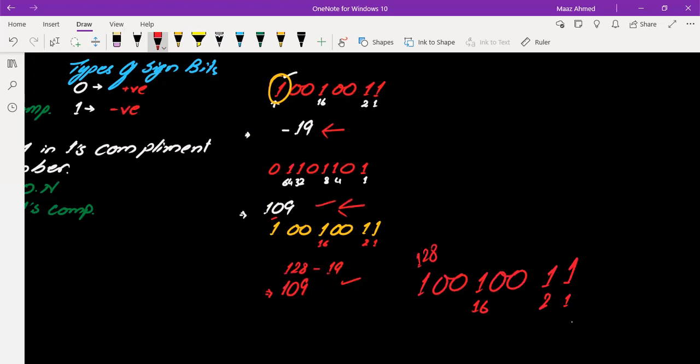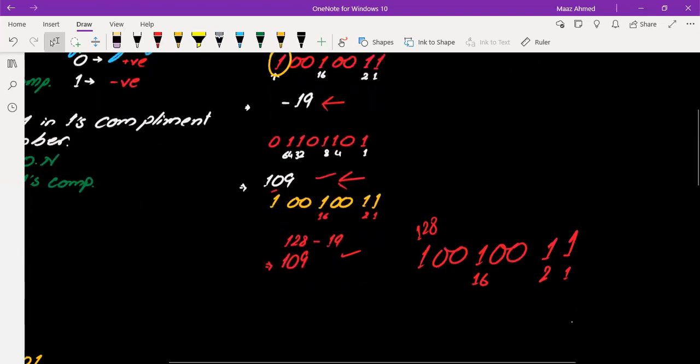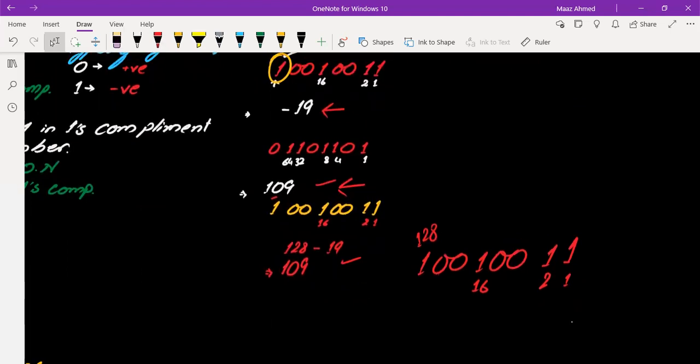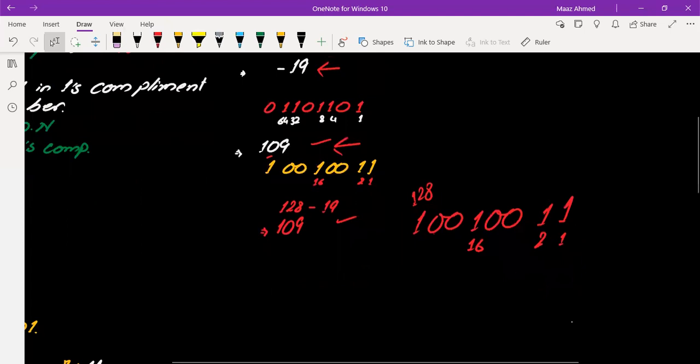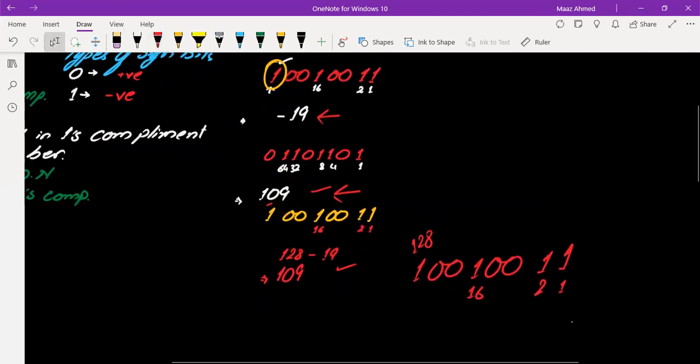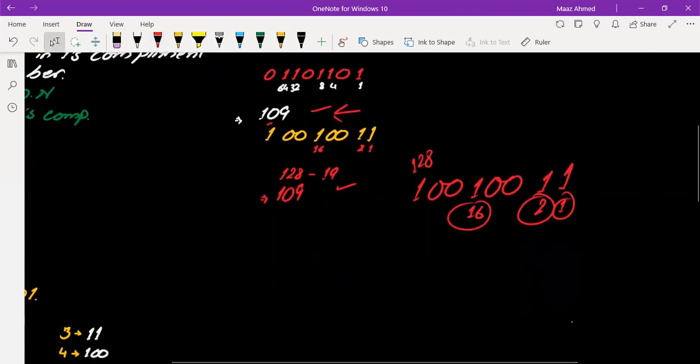Yes, sir. The shortcut or alternative manner to find the positive number for minus 19 is to subtract all the bits that are on from the sign bit. I subtracted 19 from 128 and finally got the positive number, 109. Got it?